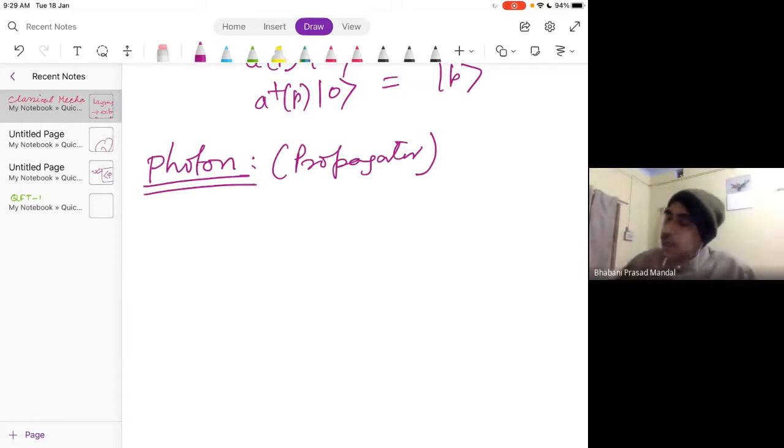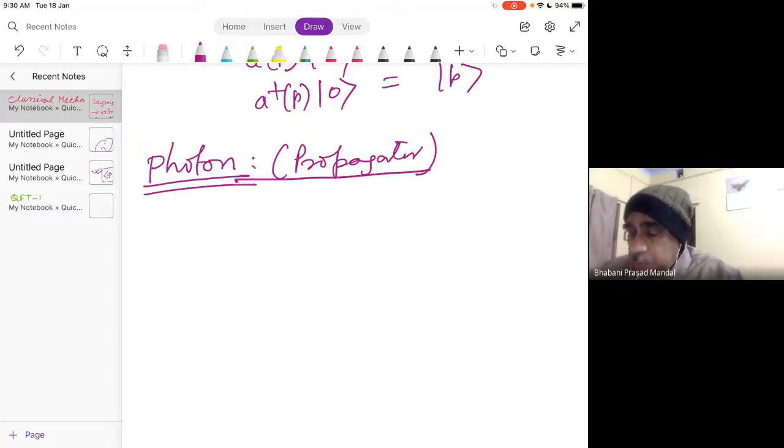I will not do the whole mathematics, because it will not be possible to cover all of this. Those who have missed the first lecture can also follow this lecture, so that you can understand the meaning of the propagator. See, we started from the Klein-Gordon equation because it was a free scalar field.